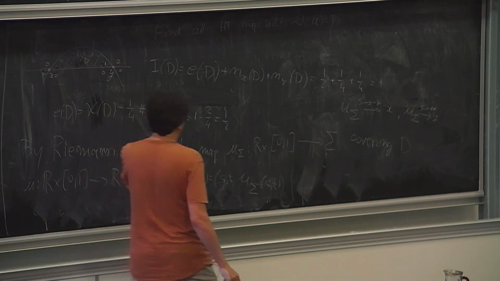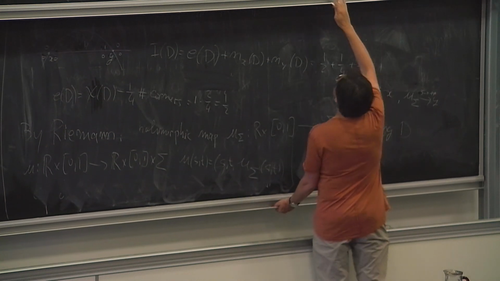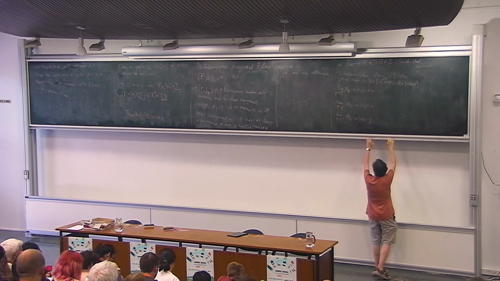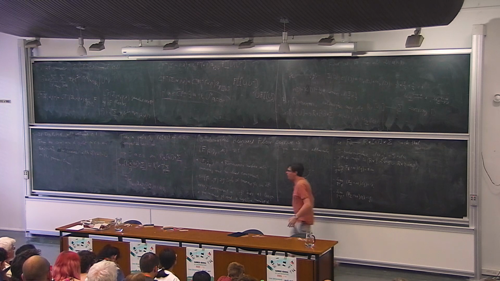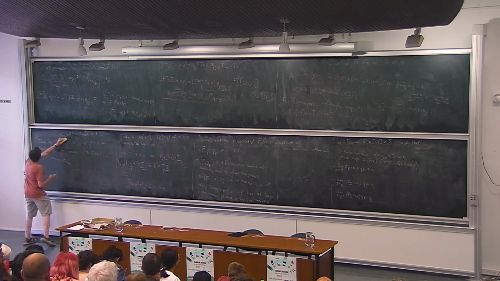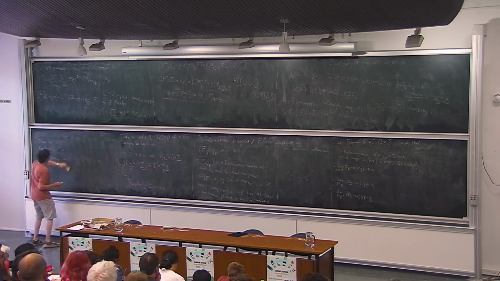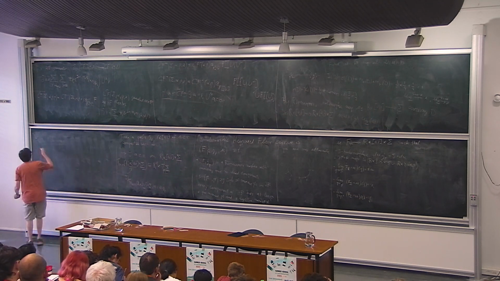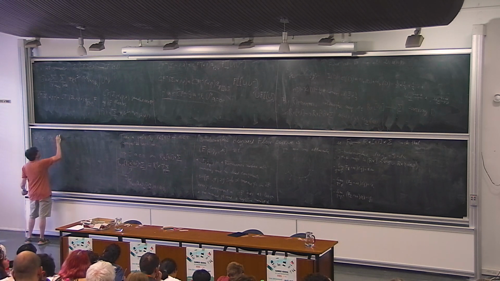Now, how many of these maps do we have? Moreover, by the Riemann mapping theorem, we imagine we have U sigma and V sigma doing the job.